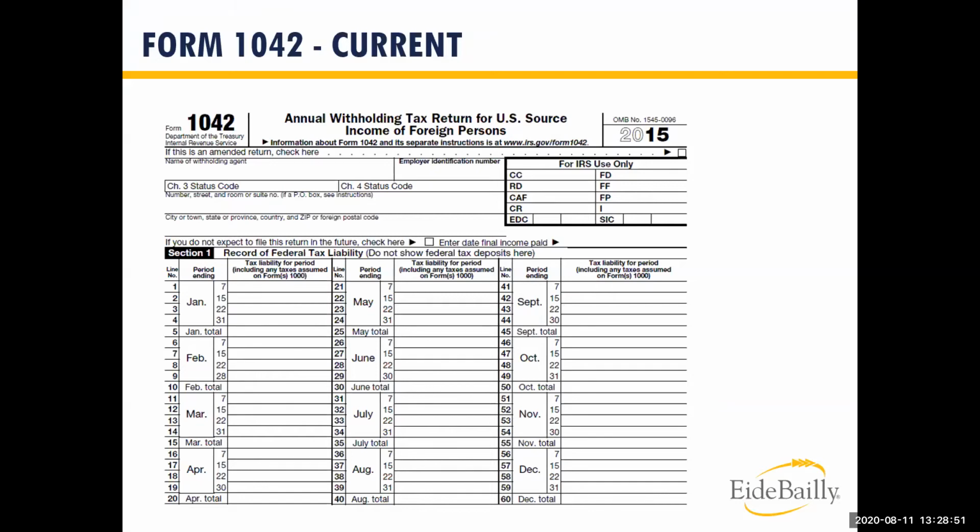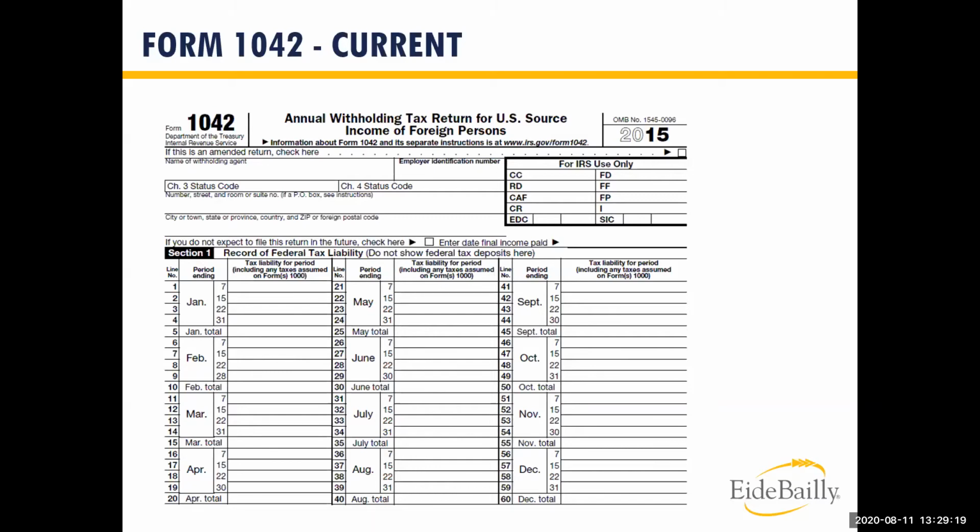This is an example of the 1042. You will notice at the top there's a Chapter 3 status code and a Chapter 4 status code, and those can be found in the instructions, which have all those codes. But the thing to note here is that not every payment would be subject to Chapter 4, so that's something you want to watch out for.